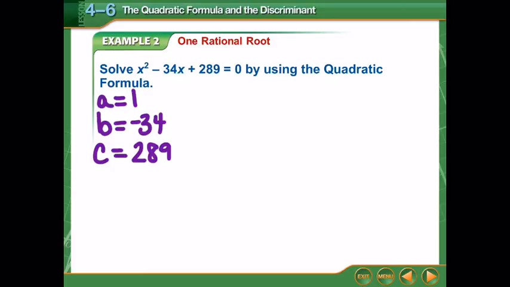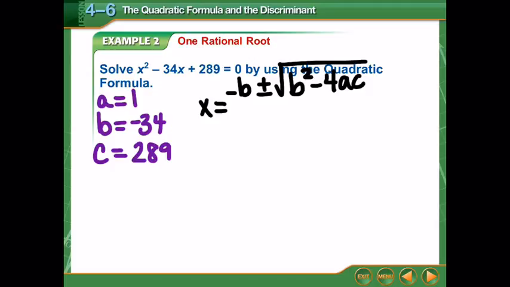Okay, so I'm going to write down the formula. X equals negative B plus or minus the square root of B squared minus 4AC all over 2A. Okay, so once I've written my formula, I'm going to plug in those values.